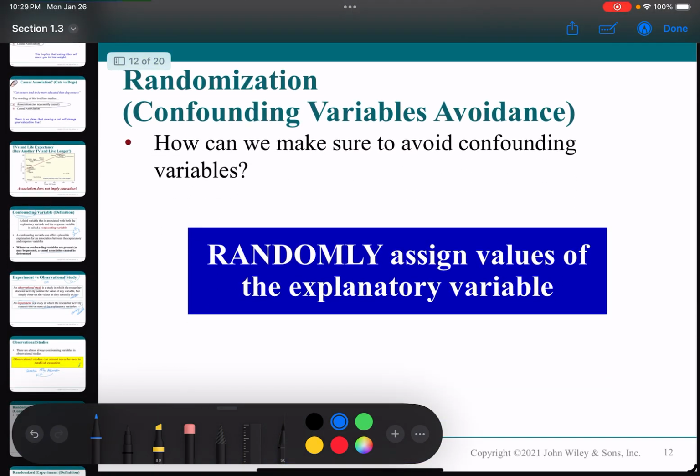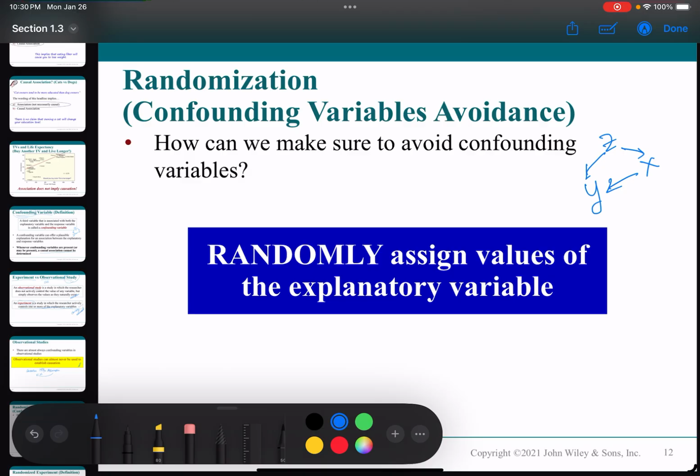Next, randomization, which is the way to handle the confounding variable issue. Whenever we have a third variable that affects the x and y variables, for example z here, we cannot eliminate the effect 100%. However, we can reduce the effect.